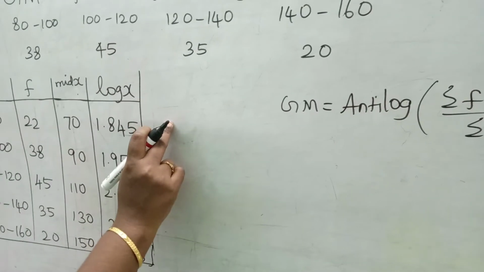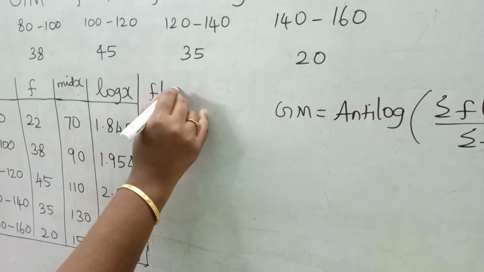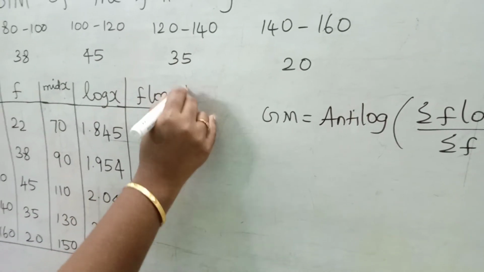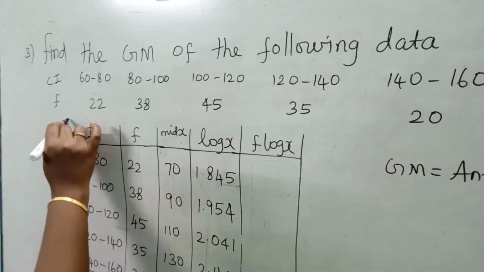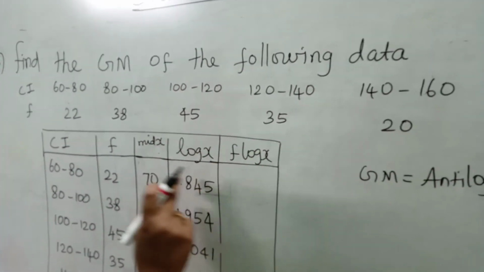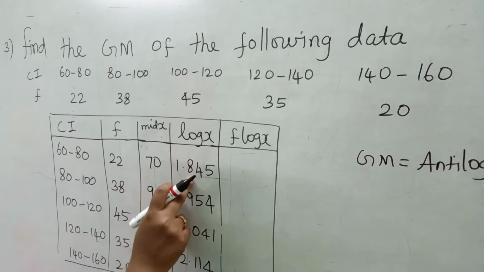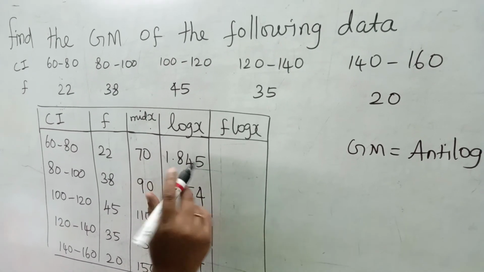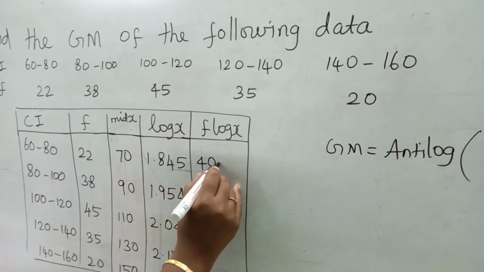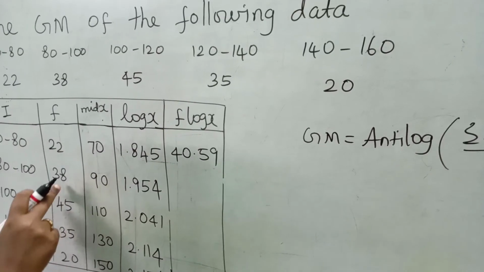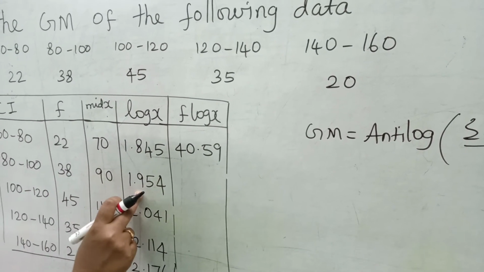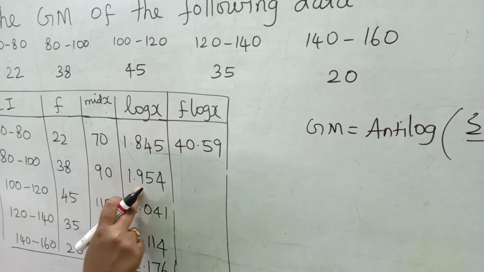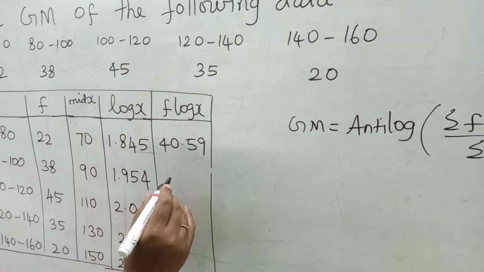Next we need f log x, which is f into log x. F value is 22, log x value is 1.845. With the help of the calculator, multiply, and you will get 40.59. Next, f value is 38, log x is 1.954, multiply that, 74.25.